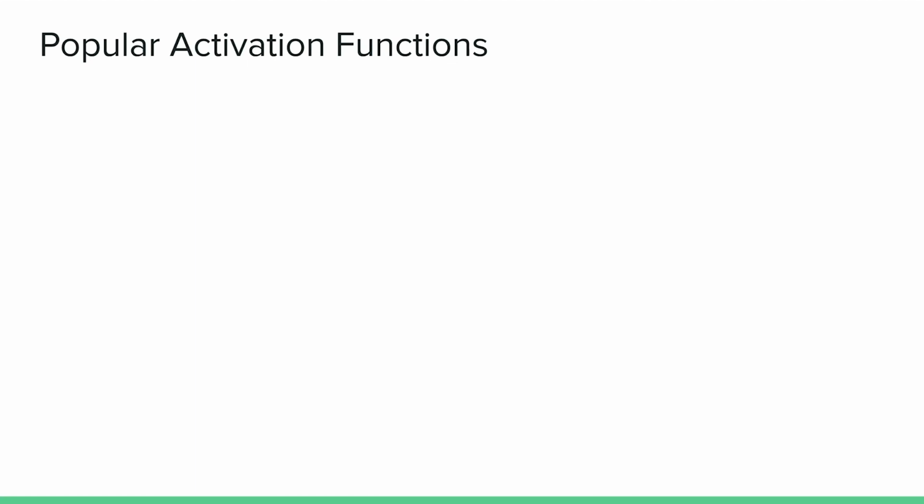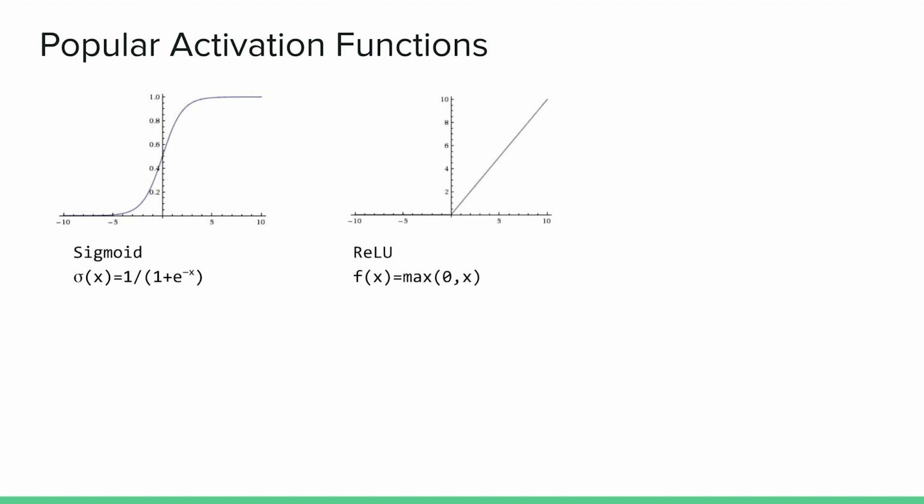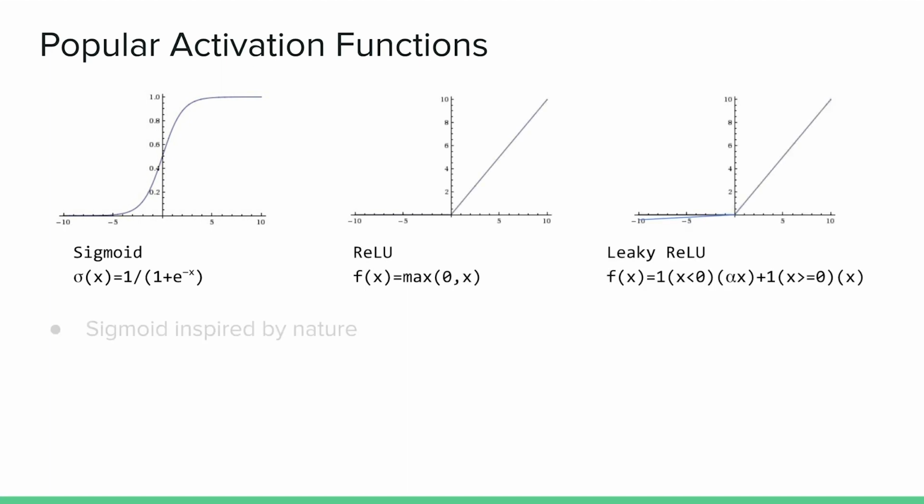The most popular activation functions include the sigmoid function, which is biologically inspired, the relu, and the leaky relu. Sigmoid, as I just said, is inspired by nature, so we can find this kind of sigmoid function in many natural neural networks.